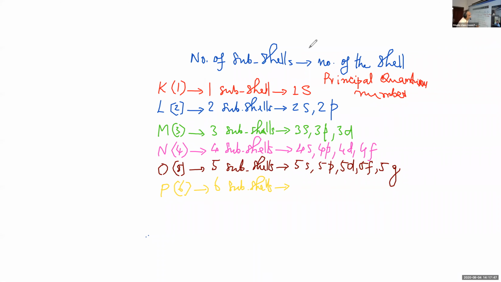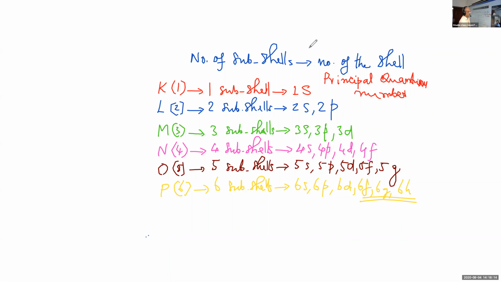And these are 6S, 6P, 6D, 6F, 6G, 6H. But these subshells are not there in the known elements. In the known elements now, these subshells are not there.